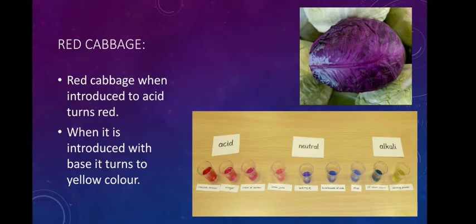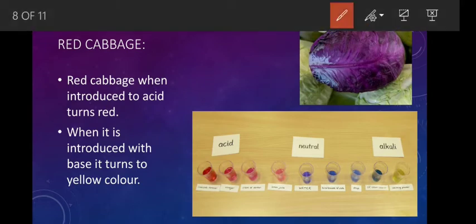Red cabbage is not given in your textbook but it is extra. It is magenta in color. When it is introduced to acidic solution, it turns red, but when introduced to basic solution, it turns yellow in color.